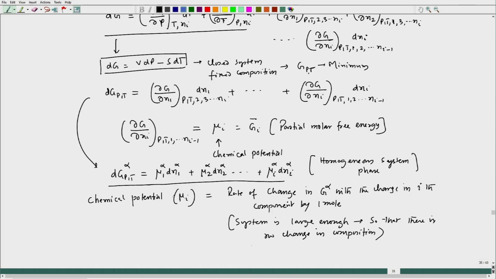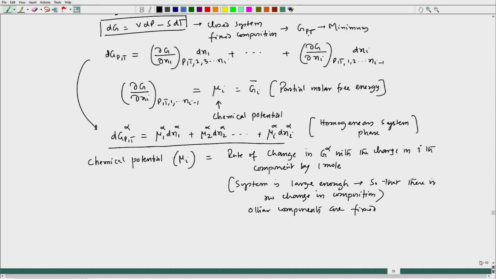When we have that, the other components are fixed, no change in that. So, this chemical potential is basically for the component, and remember it is not for the phase.